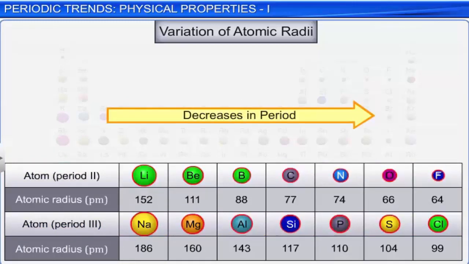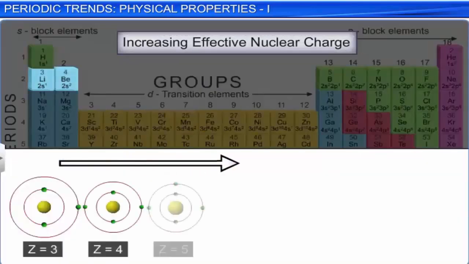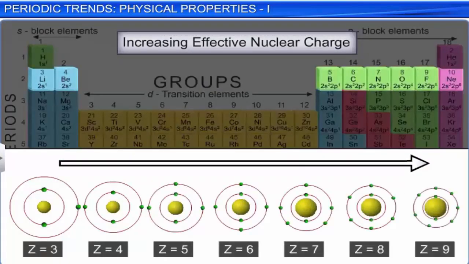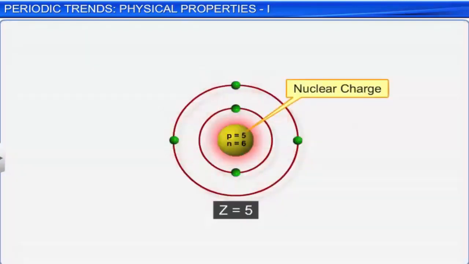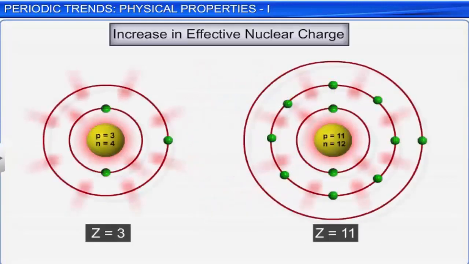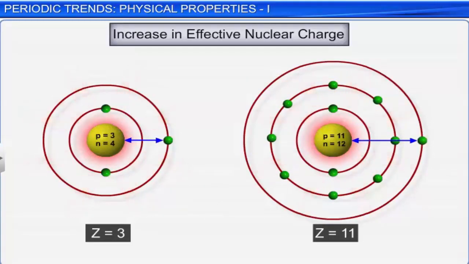Nuclear charge is the net positive charge experienced by an electron of an atom. The effective nuclear charge varies with the proximity of electrons from the nucleus. This is because electrons in the inner orbitals shield the electrons in the outer orbitals from experiencing the full nuclear charge.